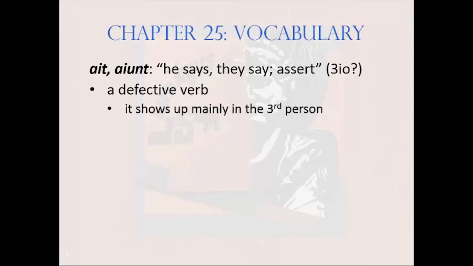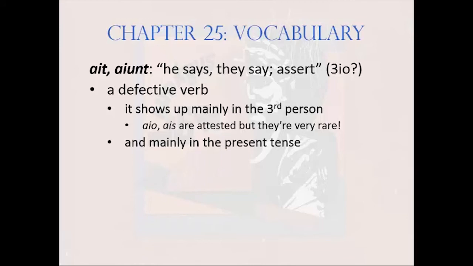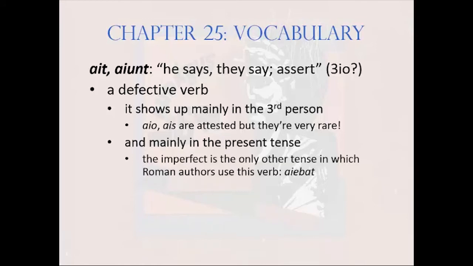Roman authors use it almost invariably in the third person, although the first person singular aio and second person singular ais are attested in a few works, not many. It also occurs in the present tense mainly, though here and there it shows up in the imperfect, aiebat. Be aware that this is a verb of the head, and often introduces indirect statement.